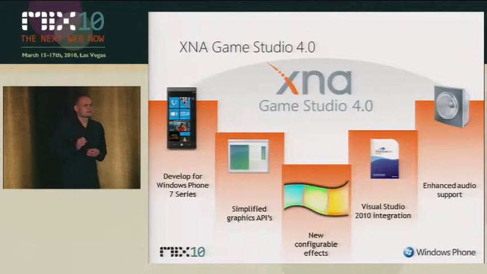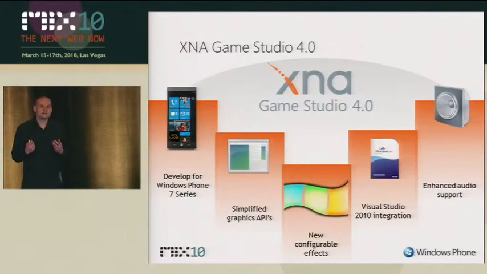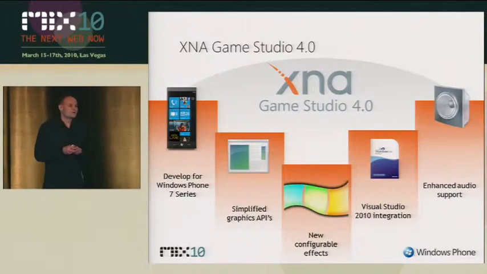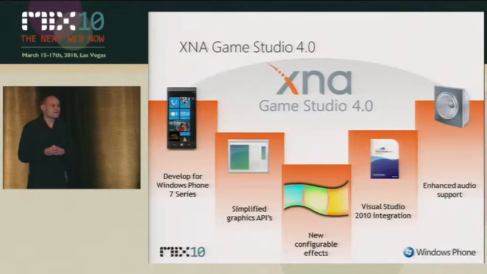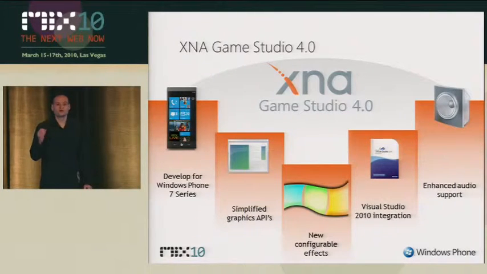And there are lots of third-party engine solutions available on top of the XNA framework today. Taking a look specifically at XNA Game Studio 4.0, there are several new features that we're offering. First and foremost, which you're already familiar with today, is the ability to develop for Windows Phone 7 series and adding that as a platform. We've also greatly simplified our graphics APIs for both 2D and 3D content. We have this concept of configurable effects, which we'll talk more about in this session, as well as the session that follows where we'll dive really deep into 3D and high-performance gaming on the device.